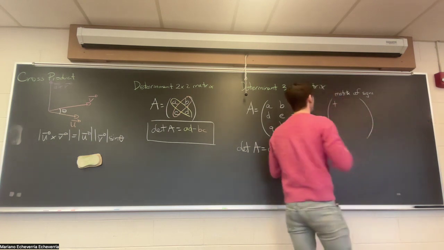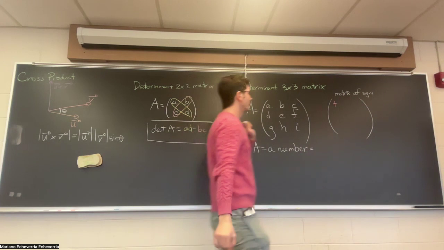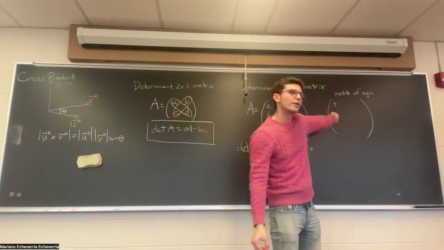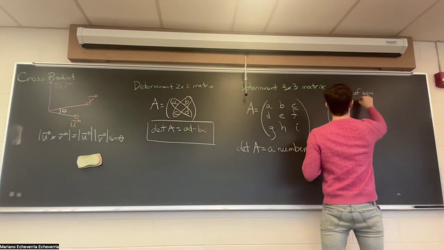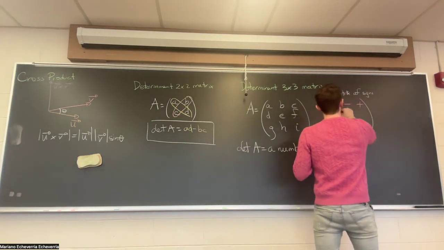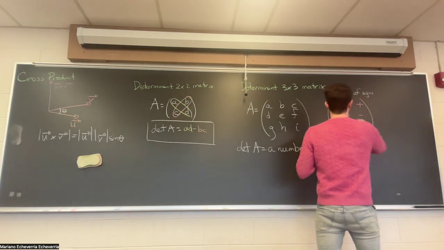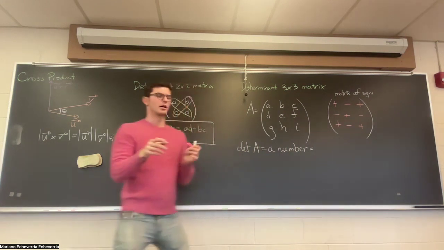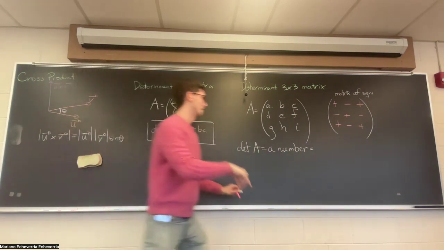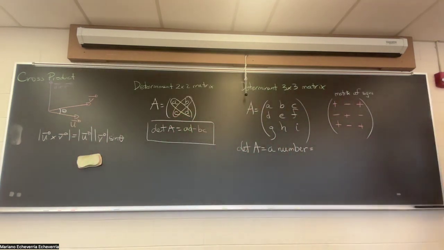I'll put a plus here, and the idea is that it always starts with the plus on the top left corner, and then it just alternates between plus and minus. So plus, minus, plus; minus, plus, minus; plus, minus, plus. It's an alternating matrix of signs, and it always starts with the plus on the top left.